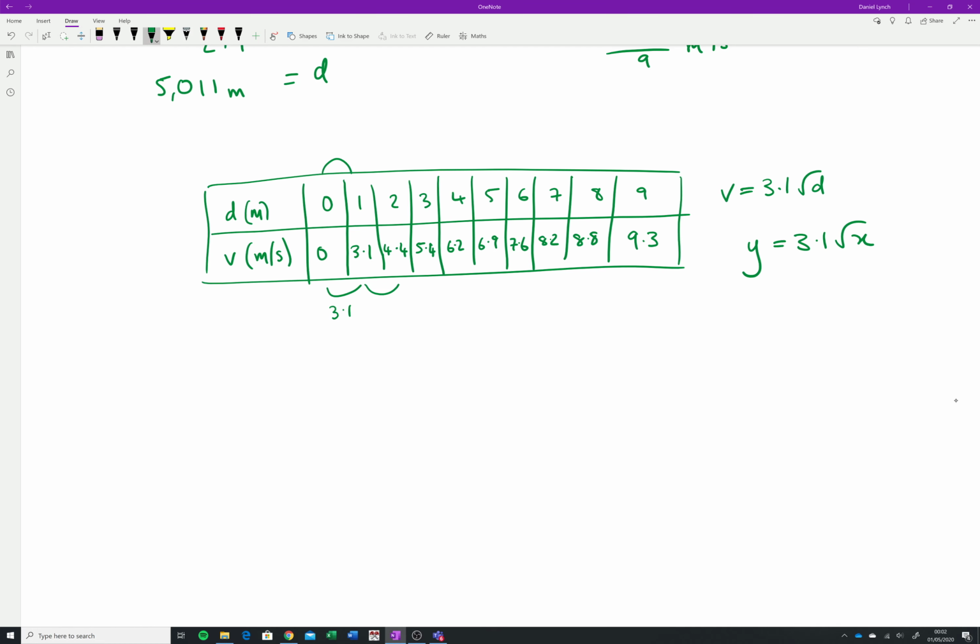But when you move over by 1 again, in this case, it's only gone up 1.3. Here it's only gone up 1. So what we're seeing is that the first difference is different every time. If it was the same every time, it's linear. If the second difference is the same, we know that it is quadratic. I'm sure you remember that from before.